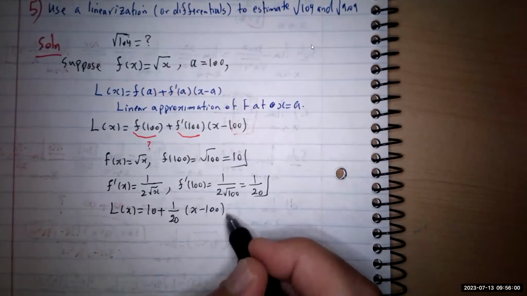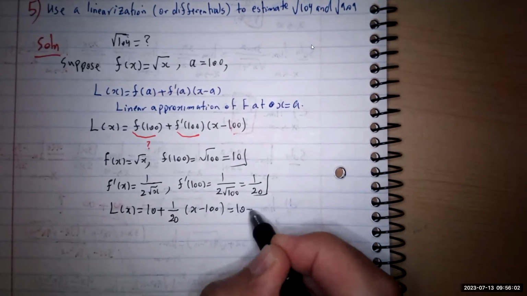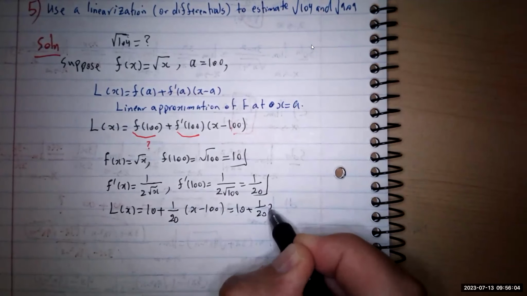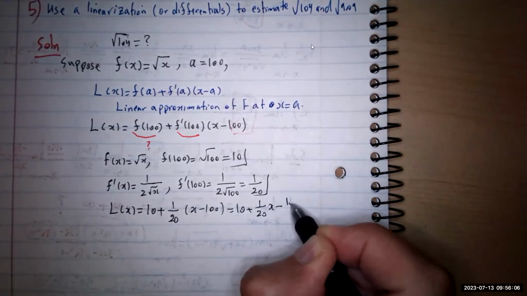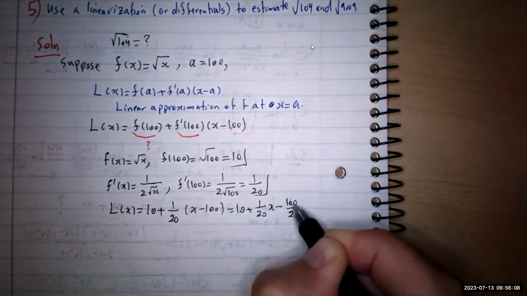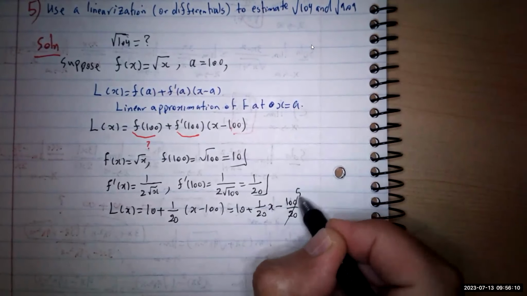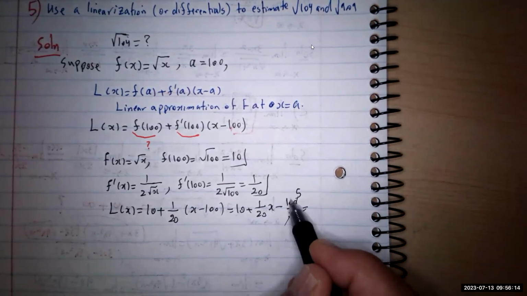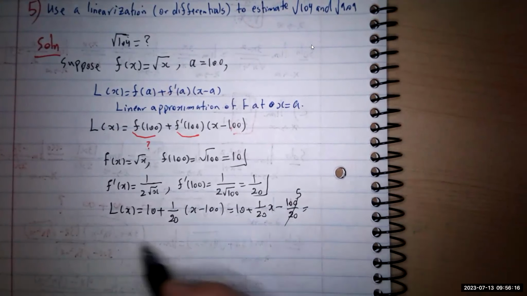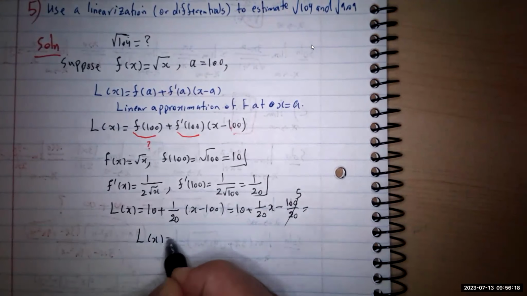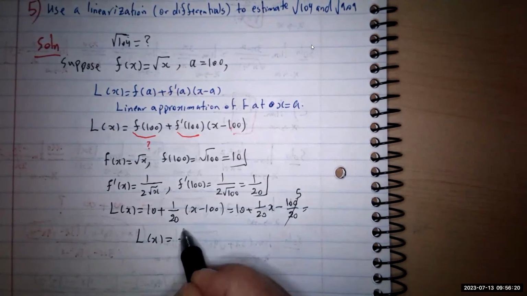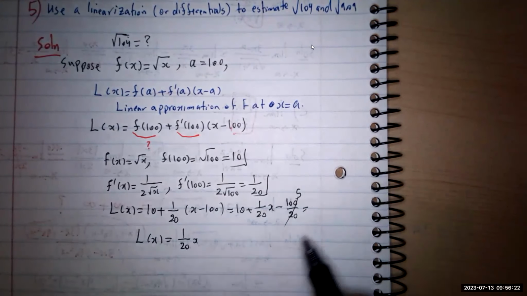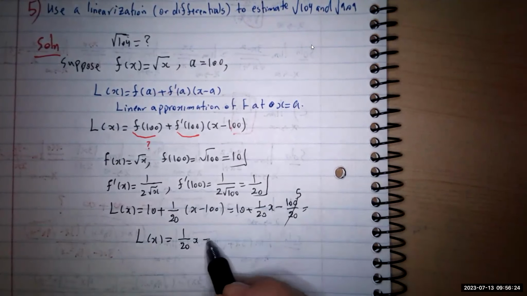Simplify it. So that gives 10 plus 1 over 20 times x minus 100 divided by 20. This would be 5. So it's going to be 10 minus 5. So L of x is going to be equal to 1 over 20 x plus 5.